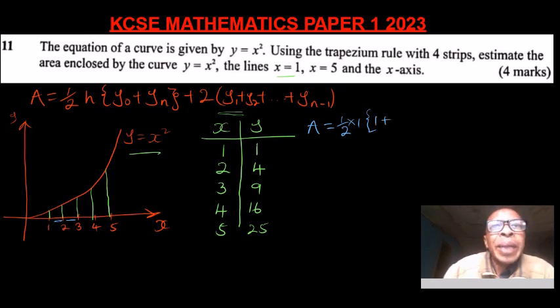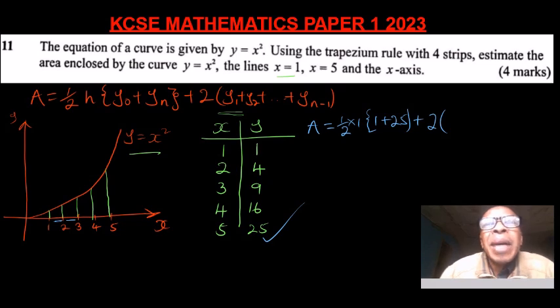When x is 5, y is 25. From the values that we have generated, we add. Now here we put 2. The next strips, y is 4 plus 9 plus 16, and we don't include 25, already we have made use of it.